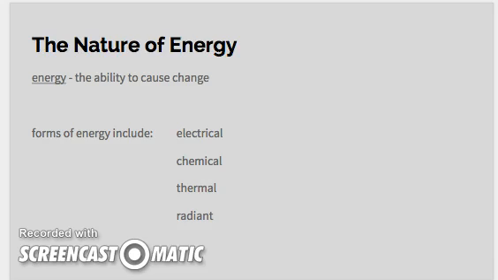Thermal energy. This is the same thing as heat energy. We're going to spend a whole chapter or a unit on heat and temperature, so we'll get back to that one and talk about it. But just realize that thermal energy is also a form of energy. And lastly, radiant energy. Radiant energy is the same thing as light energy. And we're going to talk about that too, how light and radiation and how that all comes together.